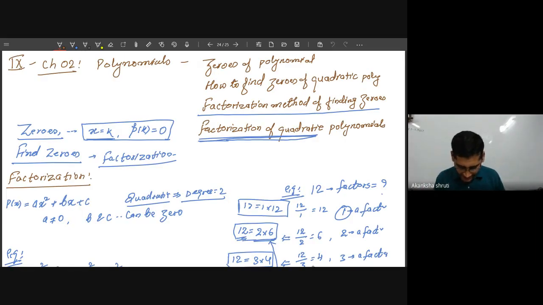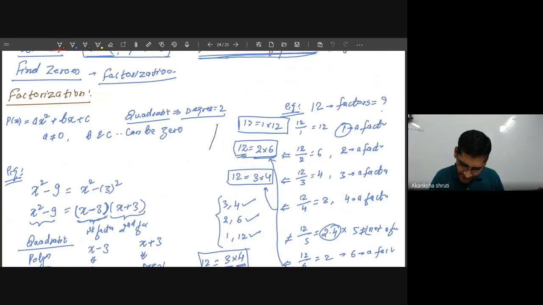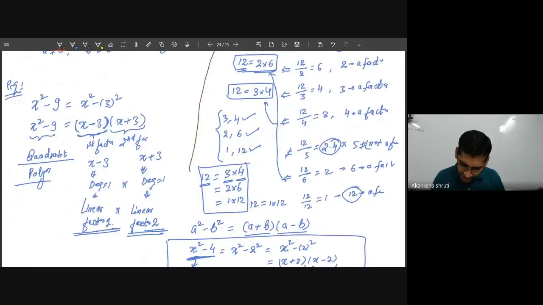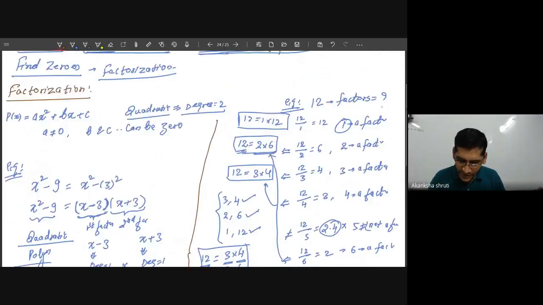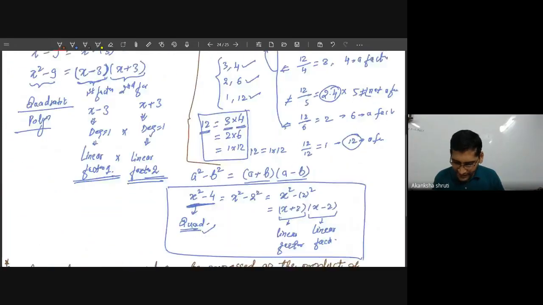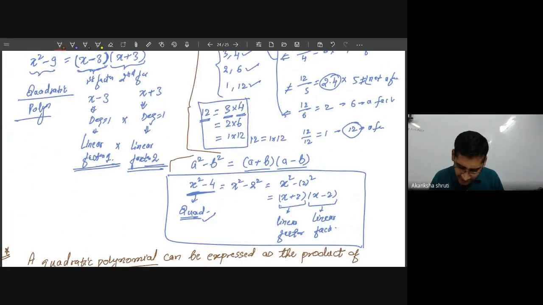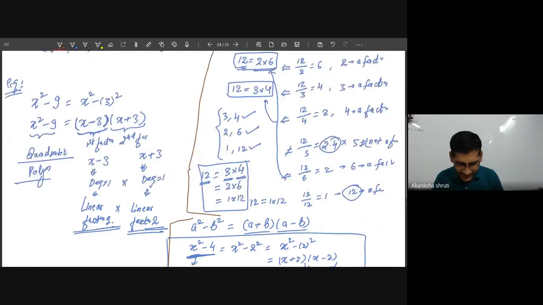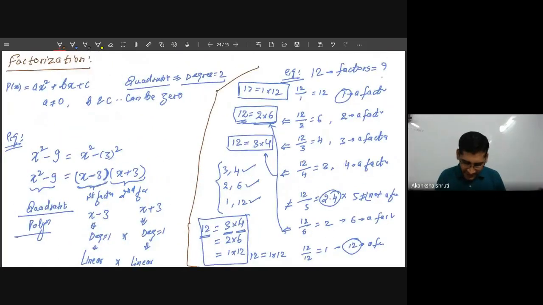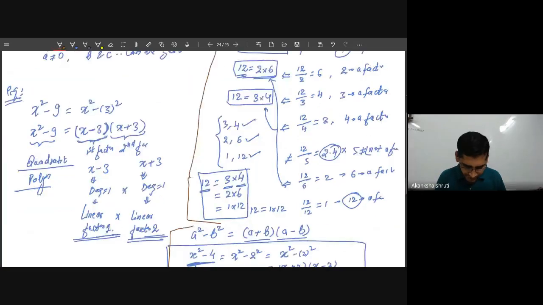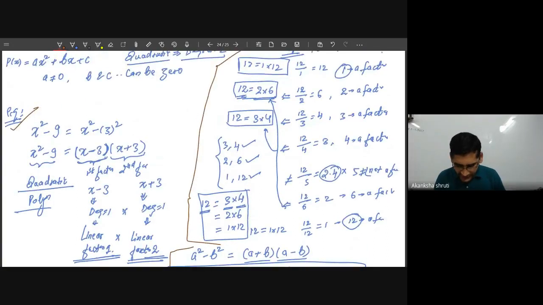Students, we have started with the factorization. What is the meaning of factorization? I have explained it here in terms of some number. Another time I have explained this factorization for the variable x. After that, I have explained one more: the quadratic polynomial as the product of two linear factors.